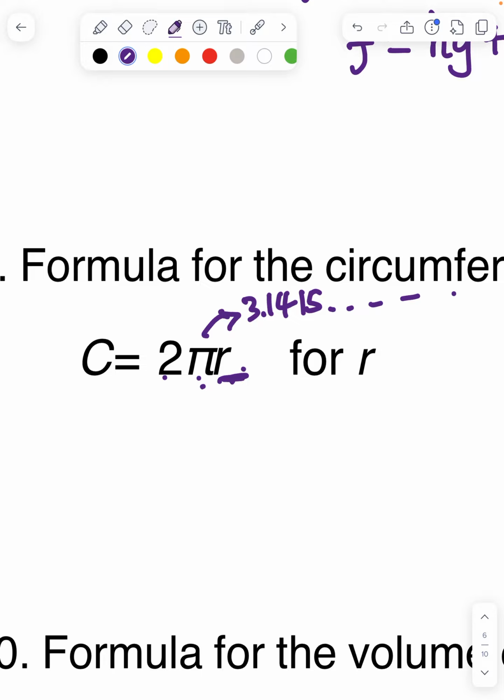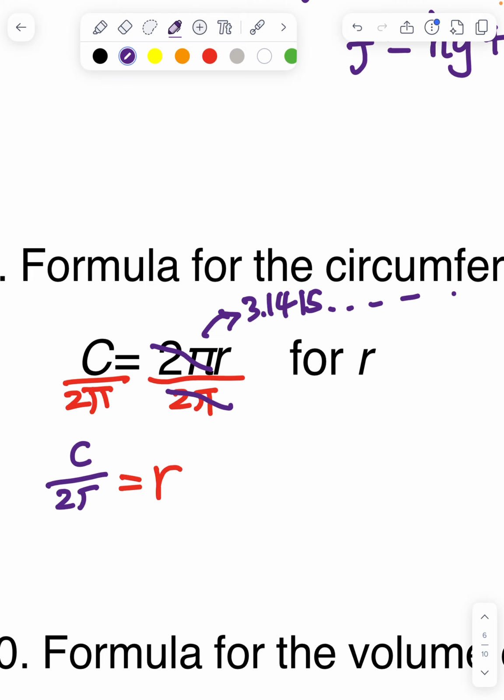So 2 pi r is all multiplication. So we're going to divide both sides by 2 pi. 2 pi cancels out. We only have r left. On the other side, C over 2 pi, just copy and drop. Done. That's it.